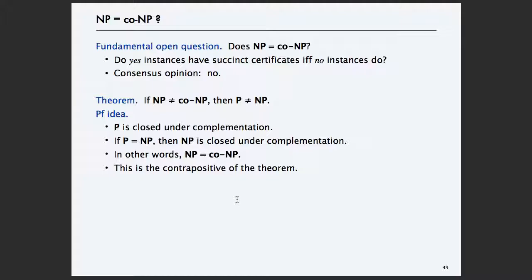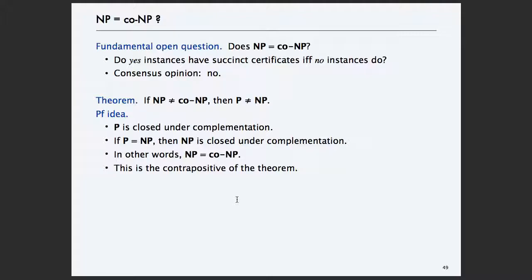Is NP equal to co-NP? We don't know. We believe no because if they were equal, then P would be equal to NP. Or actually, if they are not equal, then P is not equal to NP.